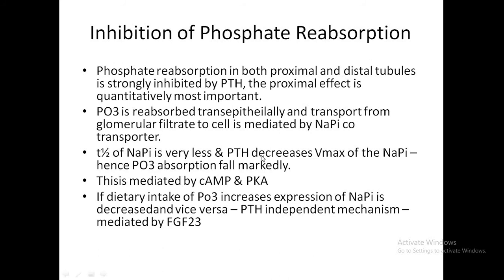And the way PTH does this is through cyclic AMP and protein kinase A. If the dietary intake of phosphate is increased, there is decreased expression of the sodium phosphate co-transporter, and vice versa. If you have decreased dietary intake of phosphate, the expression of the sodium phosphate co-transporter increases.